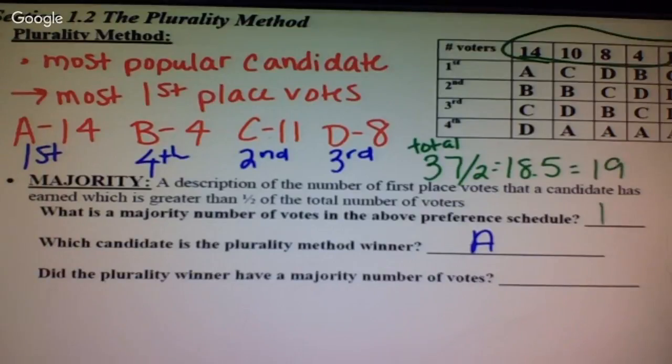In order to have a majority, you need to have 19 votes. Obviously, you don't need that for plurality. A won with only 14. So does my plurality winner have a majority number of the votes? No. They still won, but they don't have over half.